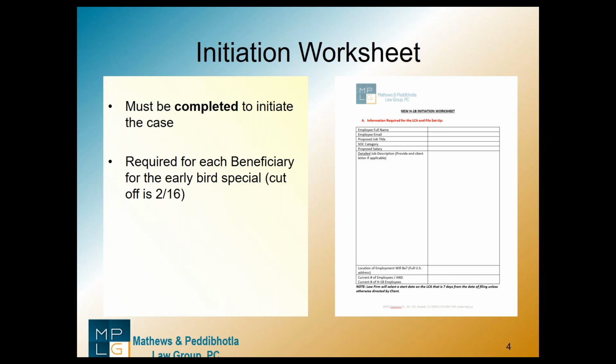For every case that comes in, we do a case-by-case analysis to make sure that the job title, the SOC, and the detailed job description align, and that's extremely important, and we'll get into that, as well as the proposed salary. For the location of the employment, we'll need that, and there might be 2 work sites or 3, so we'll need that as well as the itinerary, and then your current number of employees and H-1B employees.